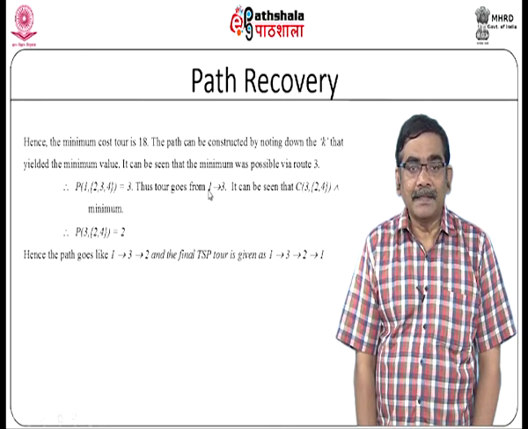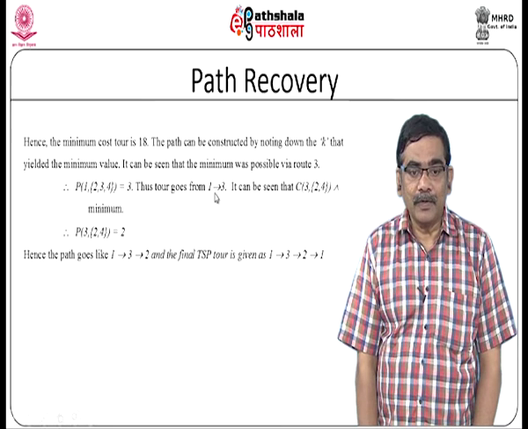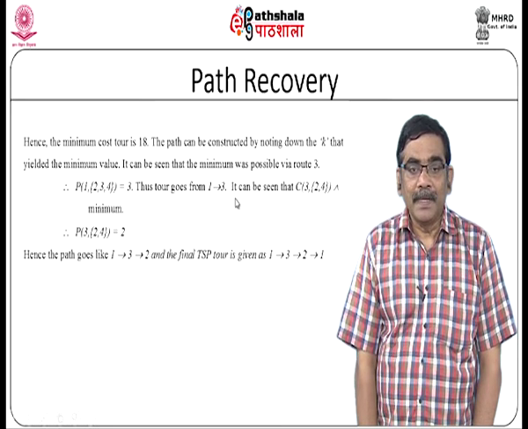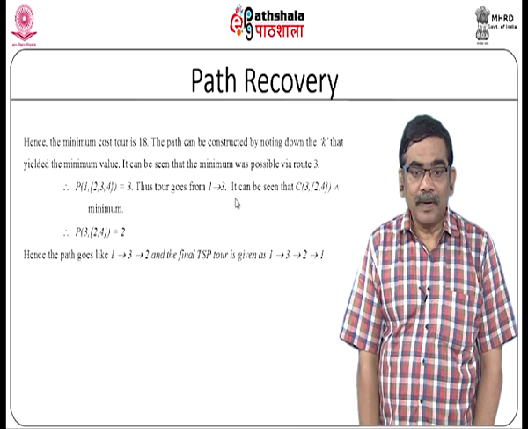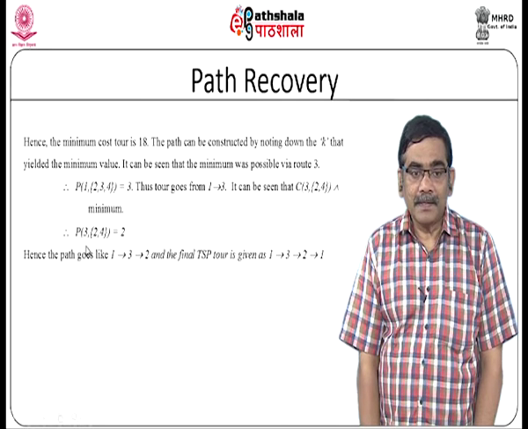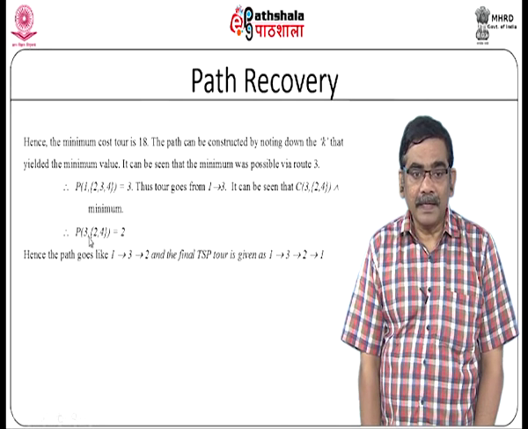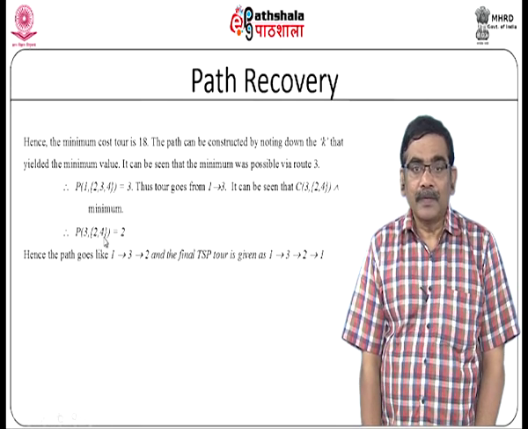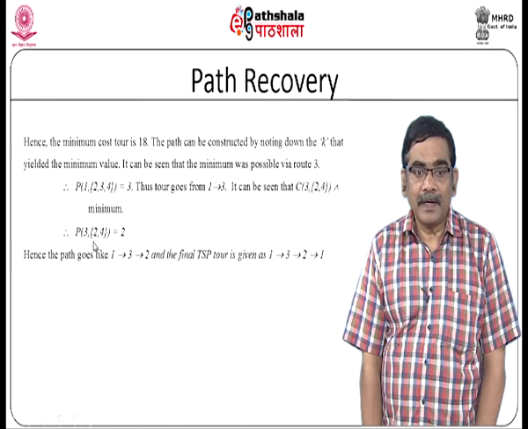you can see that the path is recovered. So, now the path goes from 1 to 3. Now, we have to see from 3 which path gave the minimum, which was p of 3 comma 2 comma 4. Therefore, you come to the conclusion that from city 3 we have to visit 2.